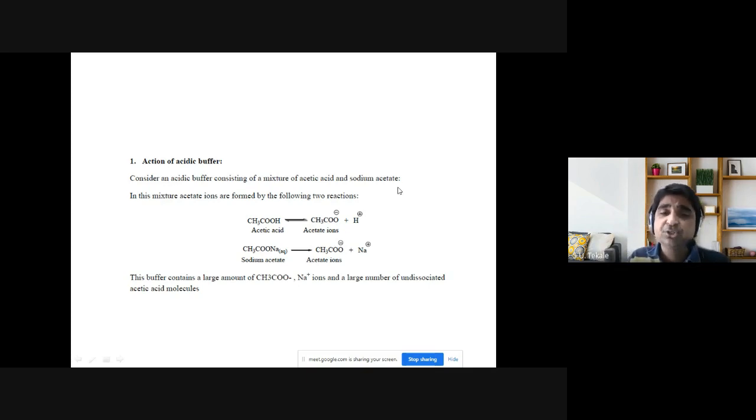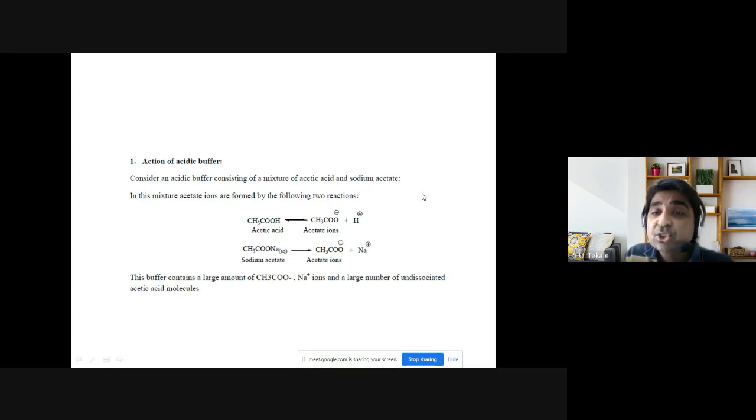This buffer solution will consist of two dissociations. See, acetic acid is a weak electrolyte. It will dissociate only to a small extent, and this partial, incomplete dissociation is shown by the reversible arrow. It will dissociate into a very small amount of H plus ions and acetate ions.